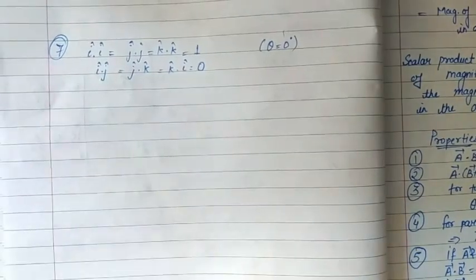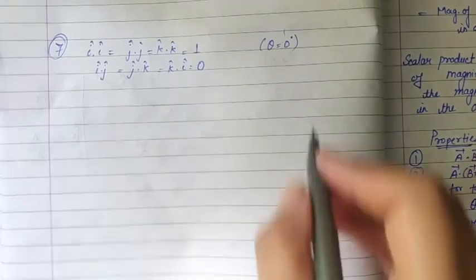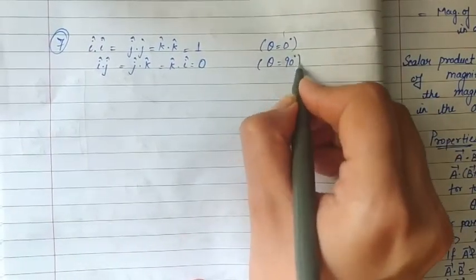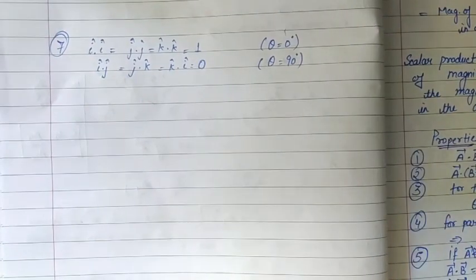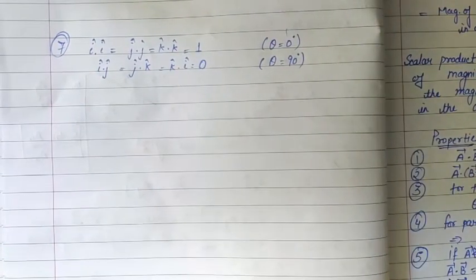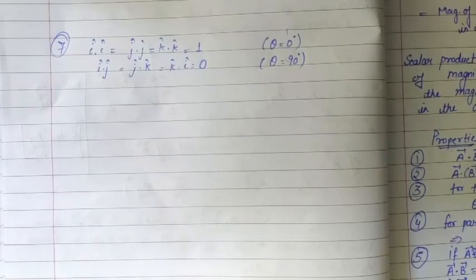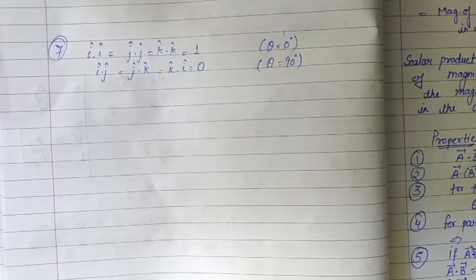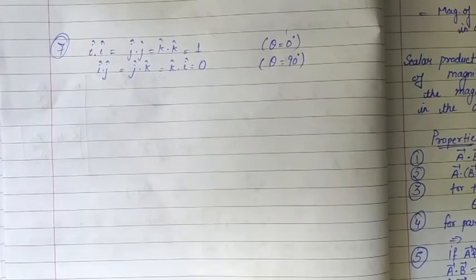The reason is that magnitude here will also be 1, but now in this case theta is equal to 90 degree and cos 90 is 0. So that's why the answer we get for scalar product will be 0 for different base vectors, and for same base vectors it is 1.